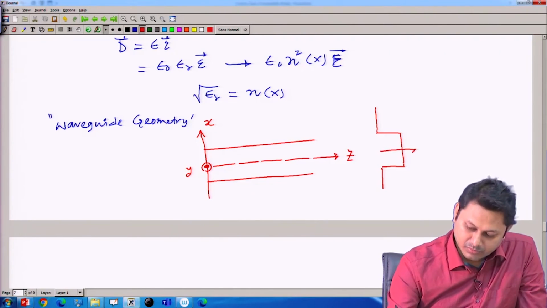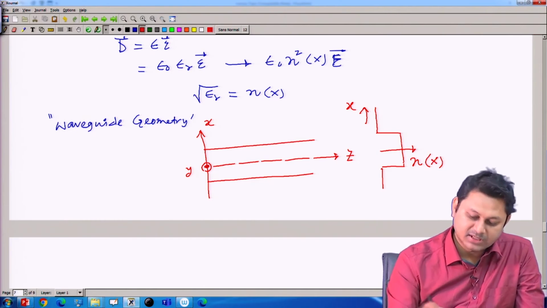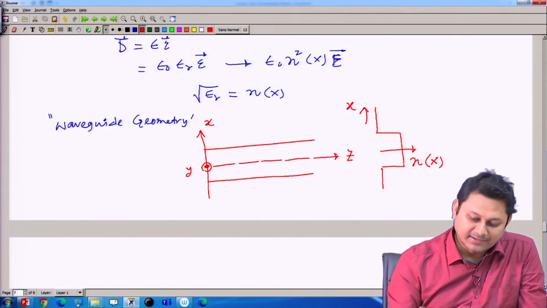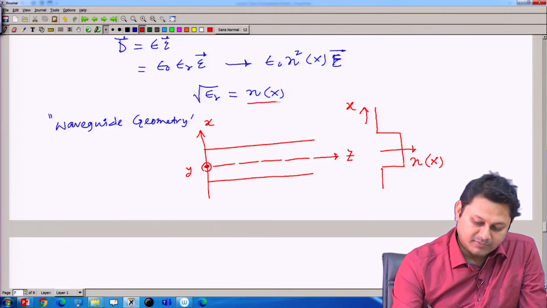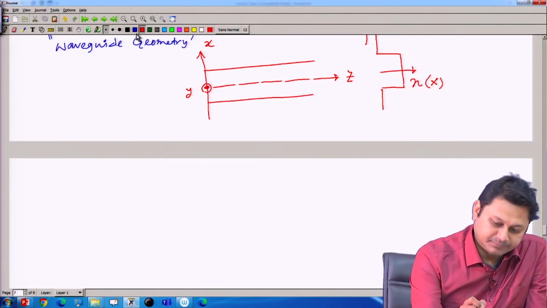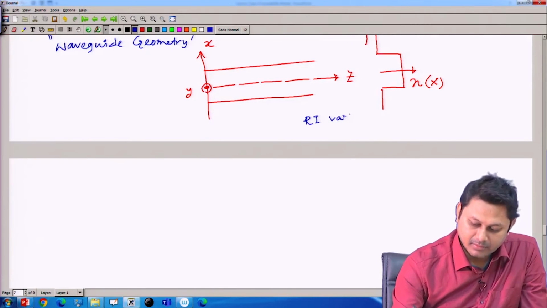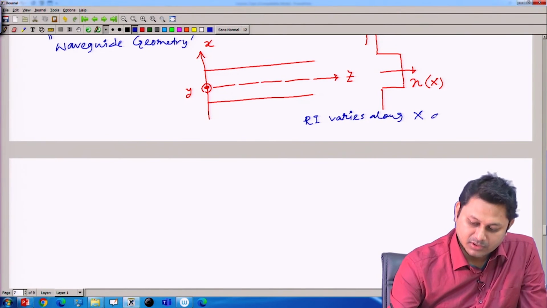So, along this direction I have x, so it is changing along the x direction. So, whatever refractive index I have is only a function of x. Along the z direction and along the y direction there is no change. That is why I wrote here that n is a function of x only. So, the refractive index varies along the x direction only.